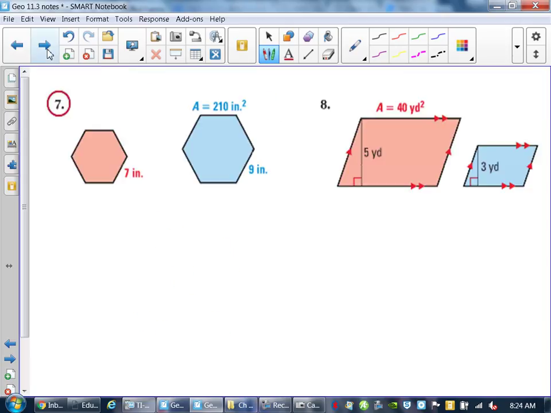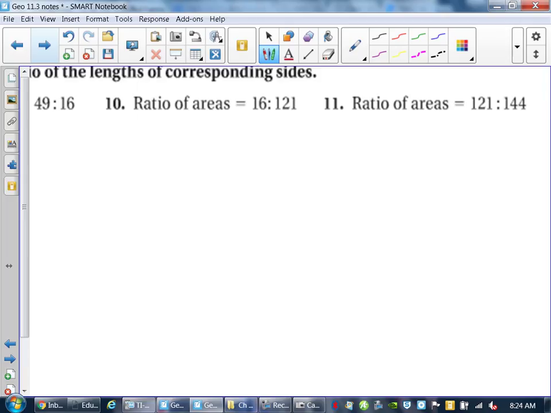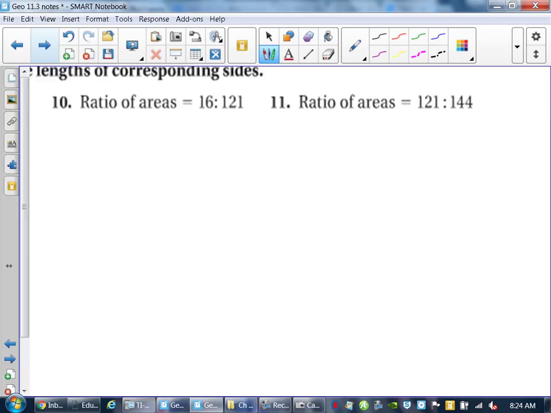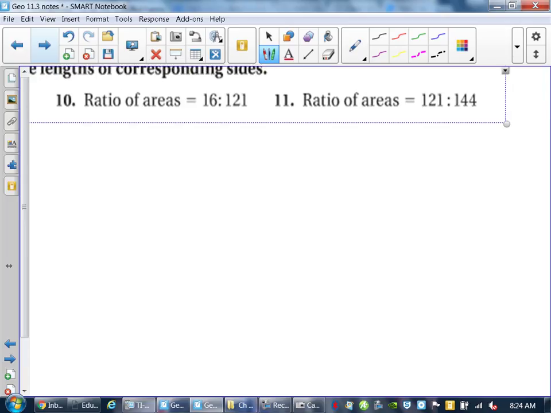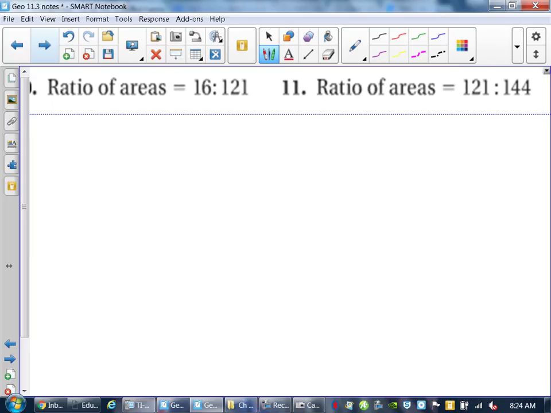No, not yet. All right. So these are the ratios of the areas. Now, when you have ratios written with the colons, do you remember what goes in the numerator?